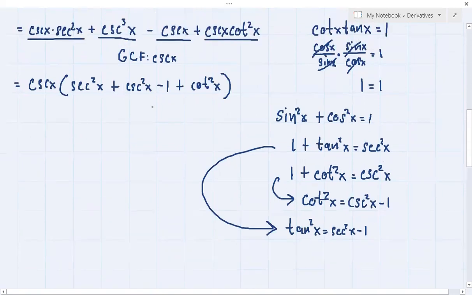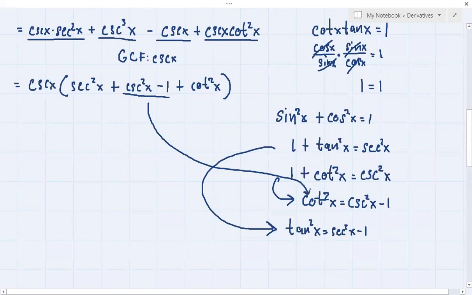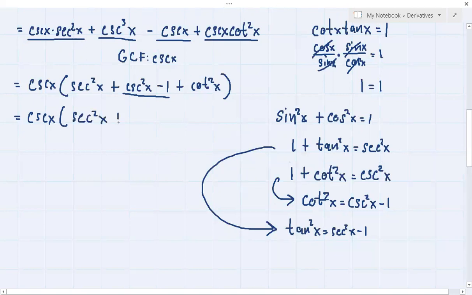Now, let's take a look. Do we have cosecant squared of x minus 1? So we can substitute this as cotangent squared of x. That's allowed. Therefore, we can simply rewrite this as cosecant x times quantity secant squared x plus cotangent squared of x plus cotangent squared of x.